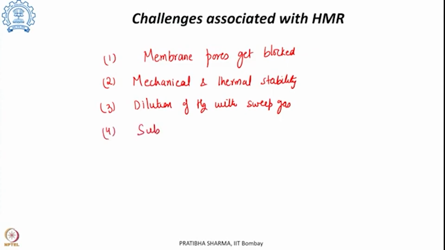There will be substantial pressure drop with the use of the membrane. These are expensive, so we need to see the trade off between the reduction of the number of process steps as against the membrane cost. And the flux achieved is lower with membrane based reforming.